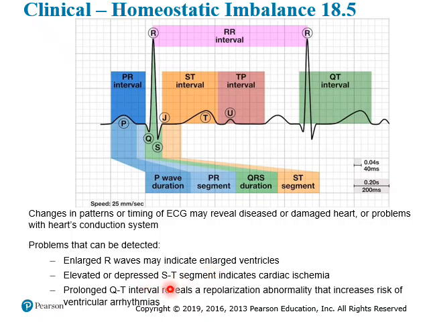An elevated or depressed ST segment indicates cardiac ischemia, pretty much that your heart muscle has been injured already. And a prolonged QT segment, from Q to the T, would indicate a repolarization abnormality that increases the risk of ventricular arrhythmias.